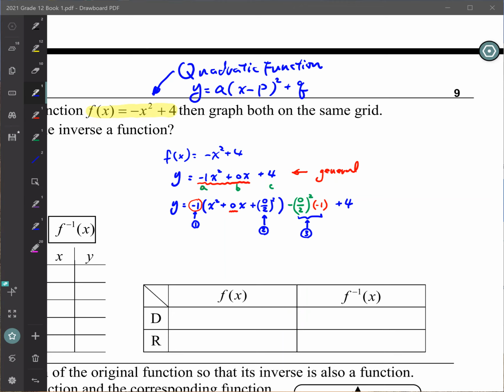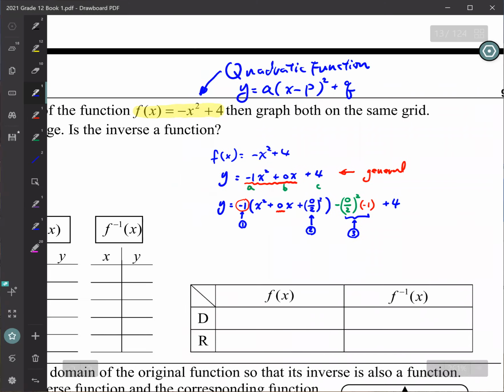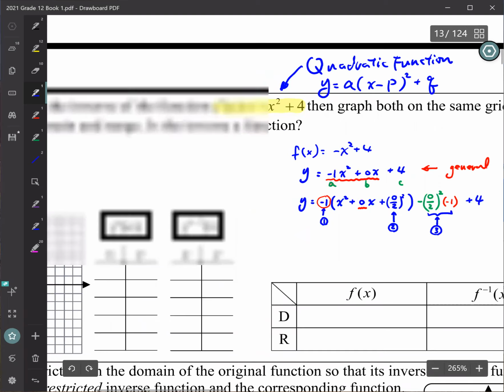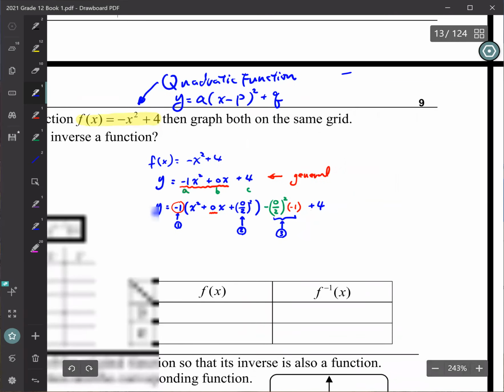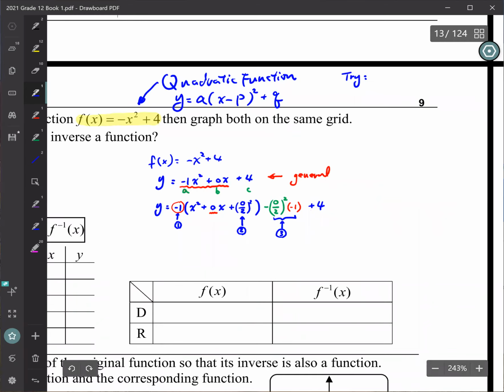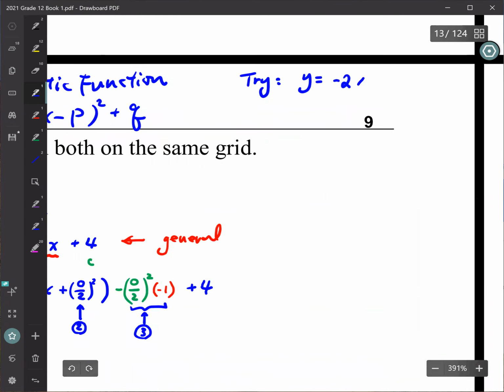I would like you to go on a piece of scrap paper and try another one. Just do up to the 3 steps, and then we'll go from there. Let's say I want you to try, I'll make up something: y equals -2x squared plus 6x minus 7.